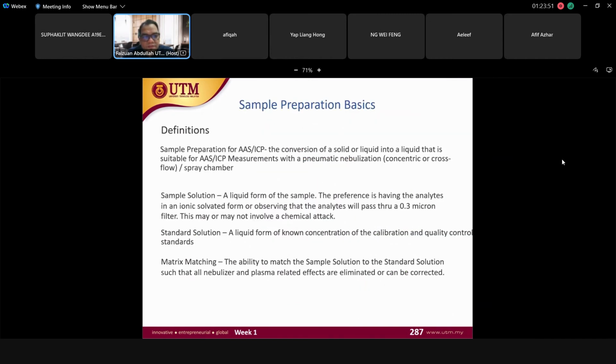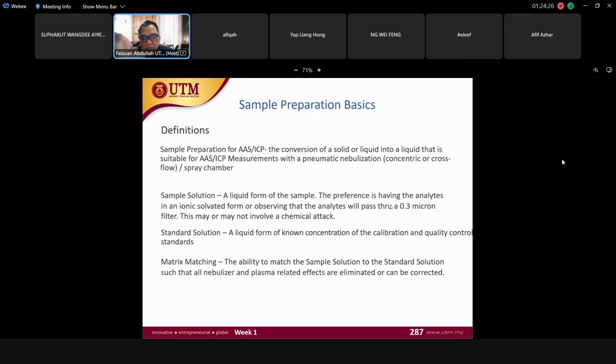Sample preparation basis is the conversion of a solid into liquid. If you have a solid sample, you need to transform it into liquid because most of the instruments use liquid as the sample to be analyzed. And the sample solution is a liquid form of the sample having the analytes in an ionic solvated form, observing that the analytes will pass through 0.3 micron, meaning that you need to filter the sample.